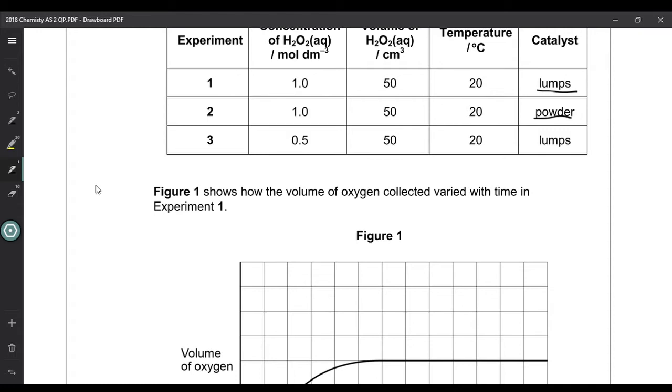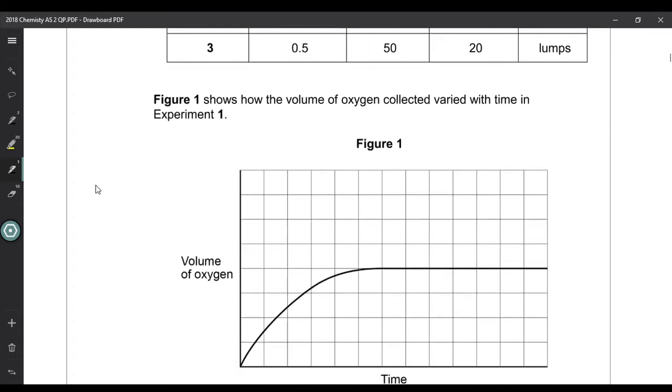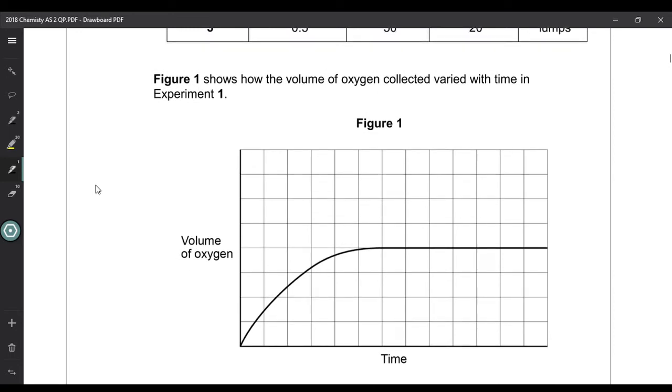Now, because it's a powder, it means the catalyst is going to be more effective. So it's going to speed up the reaction even more. But because we've still got the same amount of peroxide present, the amount of oxygen that's going to be released in the end is going to be the same. So we're going to end up with the same amount of oxygen. It's just going to get there quicker. So again, we're starting with 0 oxygen.